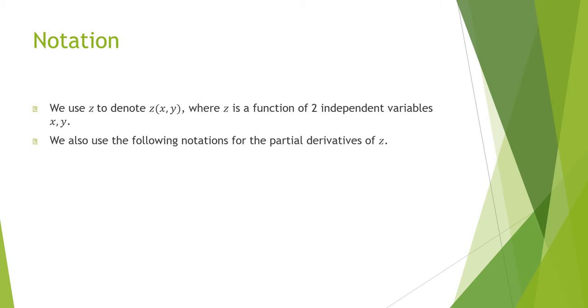We also use the following notations for the partial derivatives of z. ∂z/∂x is denoted by p and ∂z/∂y by q. For the second order derivatives, ∂²z/∂x² is denoted by r, ∂²z/∂y² by t, and the mixed partial derivative ∂²z/∂x∂y is denoted by s.